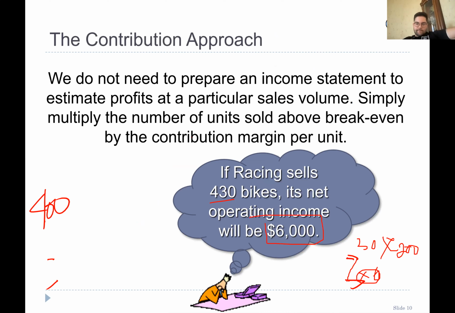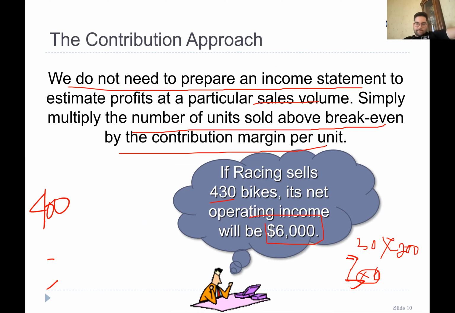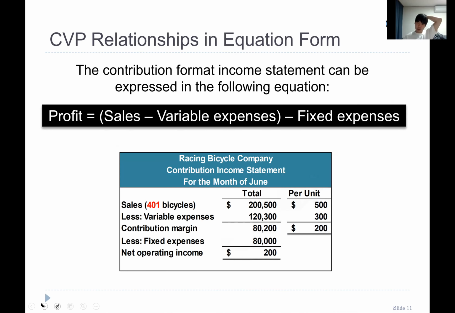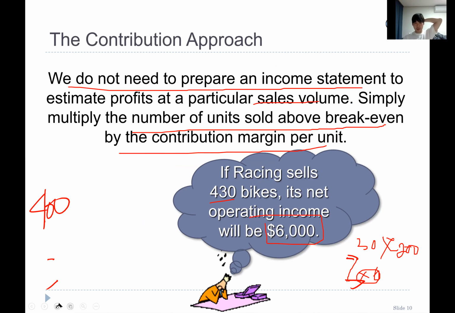So we do not need to prepare an income statement to estimate profit at a particular sales volume. Simply multiply the number of units sold above the break even by the contribution margin per unit. You want to verify?